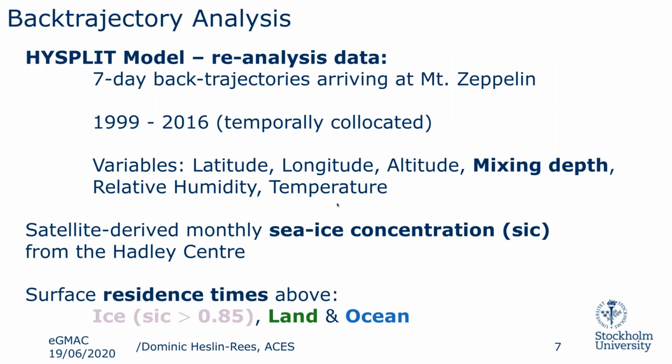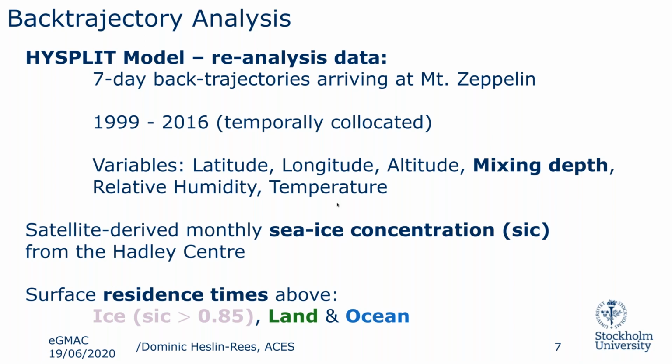So in combination with the aerosol optical properties, we also ran a back trajectory analysis using the HYSPLIT model. The back trajectories were 7 days long, and they provide a detailed history of the air parcels arriving at Zeppelin. They were temporally collocated with the nephelometer data, and from that we could get the latitude, longitude, and the mixing depth.